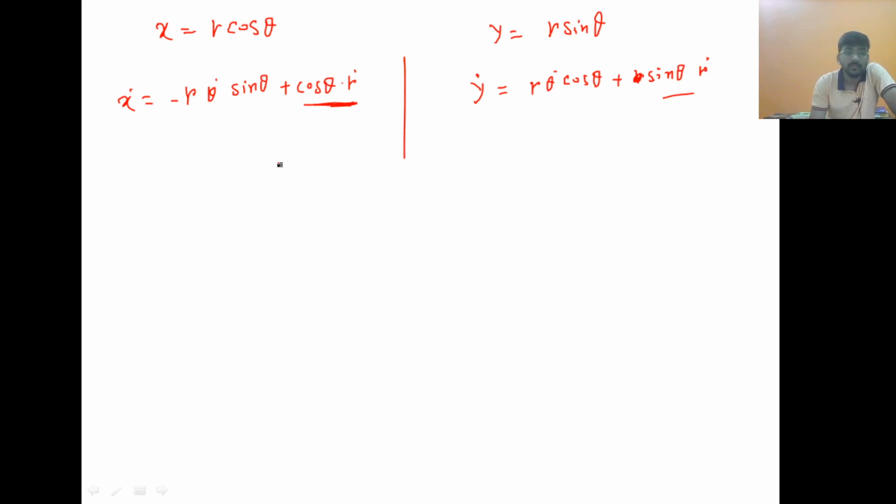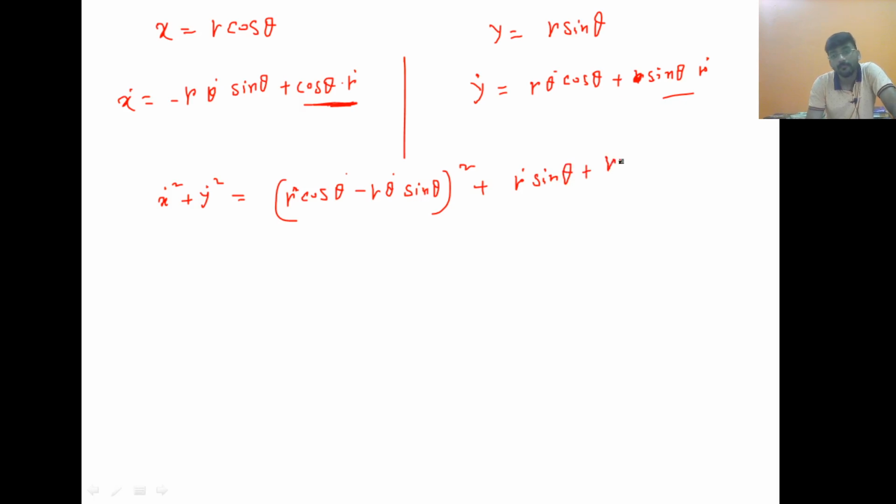Now if we take x dot square plus y dot square, it will be r dot cos theta minus r theta dot sin theta whole square plus y dot square, that means r dot sin theta plus r theta dot cos theta whole square.